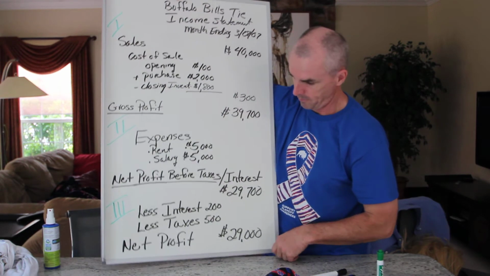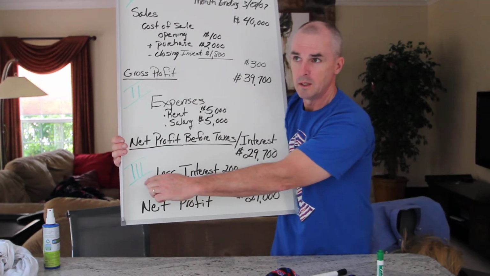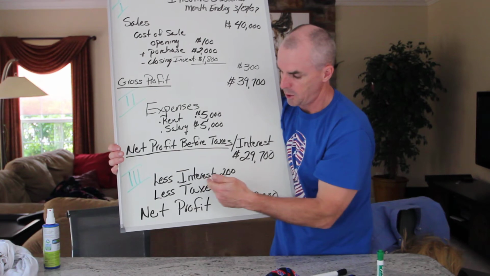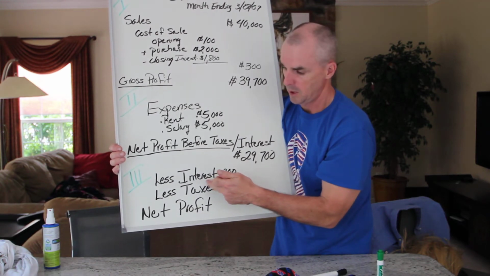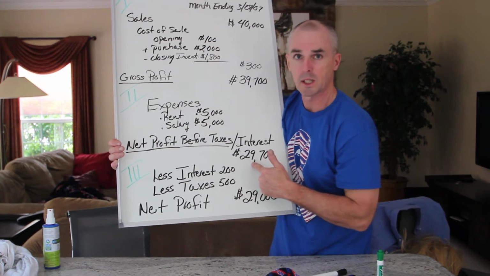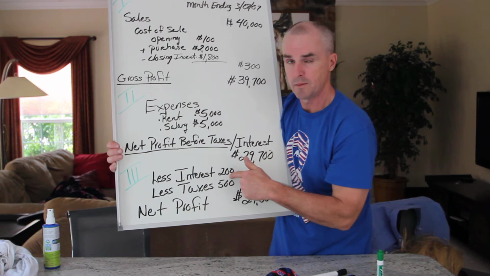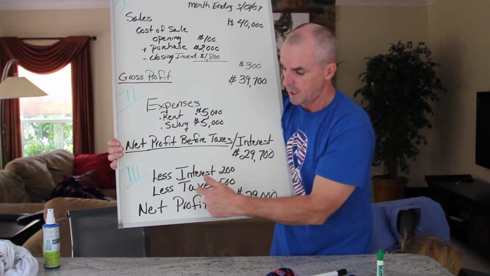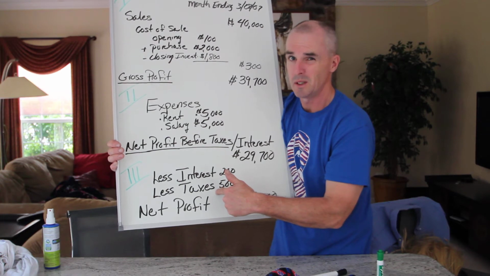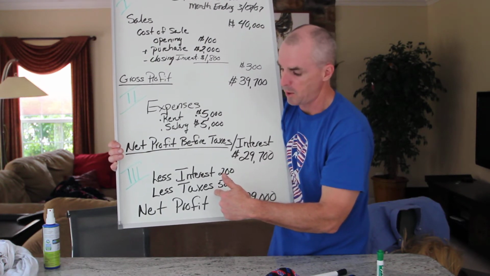So, part 3 in the problem, now we have to pay interest on our loans, and then we're going to have to pay taxes to the government on this particular amount of money. So my interest is $200. We're going to get a corporate tax rate of somewhere between 22 and 39% possibly, depending on what state you're operating in.